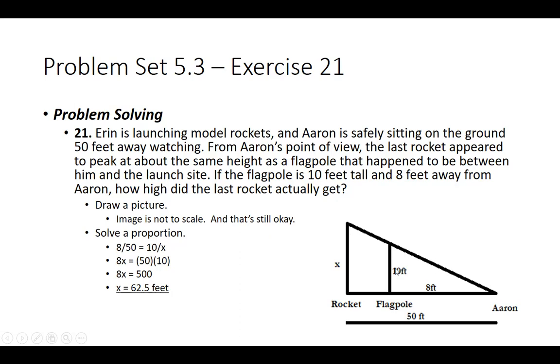So one triangle is made up of Aaron to the top of the flagpole, to the bottom of the flagpole, back to Aaron. The larger triangle that this is nested inside is Aaron to the top of the rocket, to the ground where the rocket lifted off, back to Aaron.